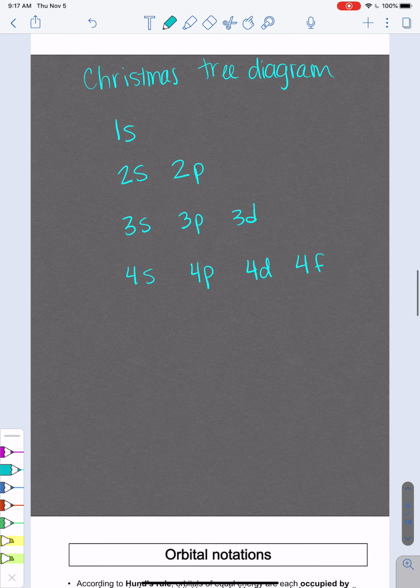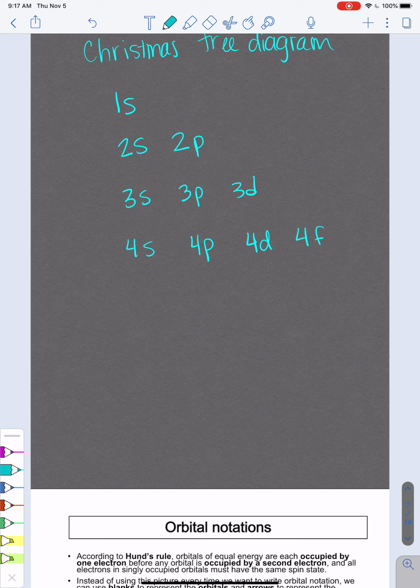The Christmas tree diagram looks like this. I'm going to draw it. On the first level, we only have an s. On the second level, we have an s and a p. On the third level, we have an s, a p, and a d orbital. On the fourth, we have an s, a p, a d orbital, and now we have room for an f orbital.